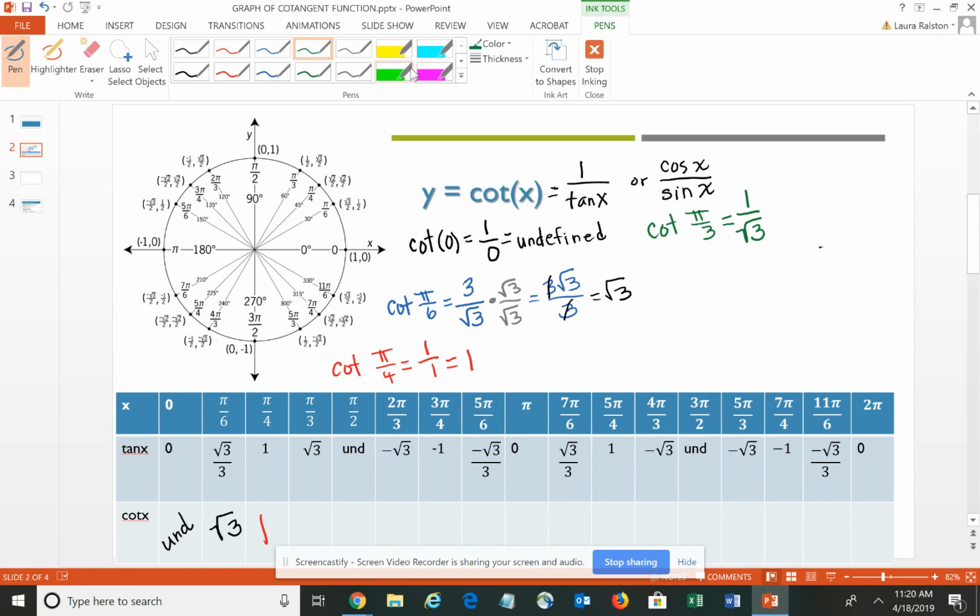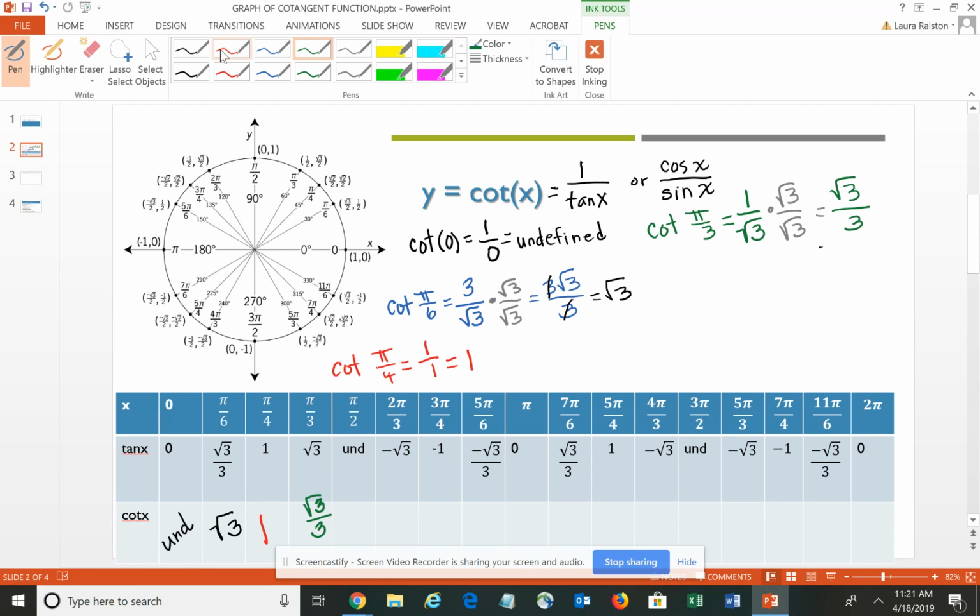Here again, you cannot have a radical in the denominator, so you need to multiply the numerator and the denominator by the square root of 3, which ultimately gives you the square root of 3 over 3. In decimal form, that's approximately 0.6. So the cotangent of pi thirds is square root 3 over 3.